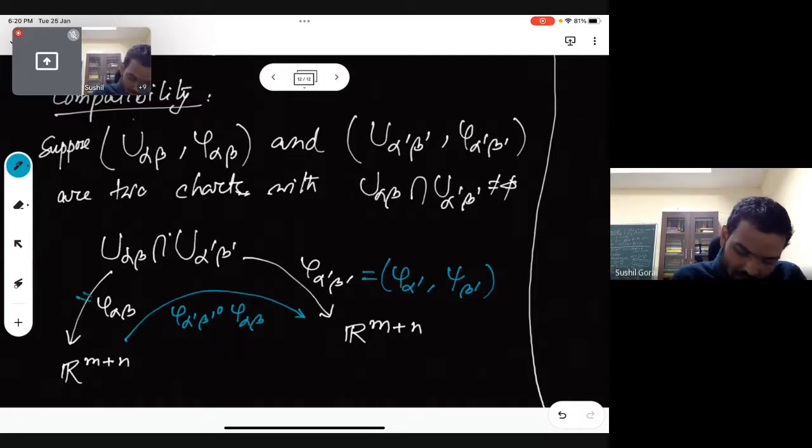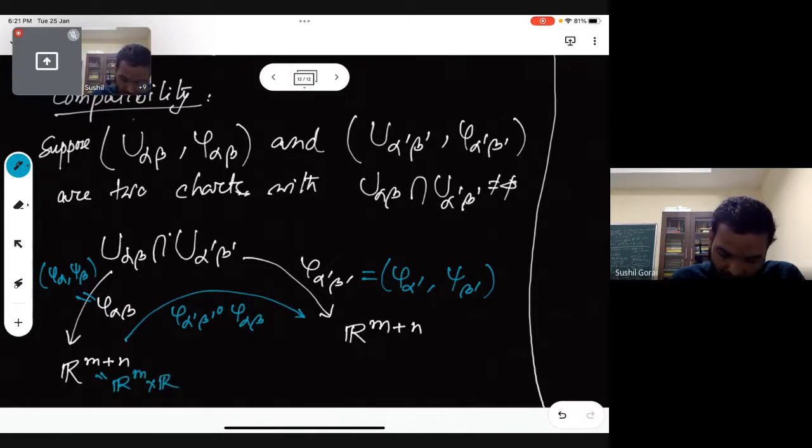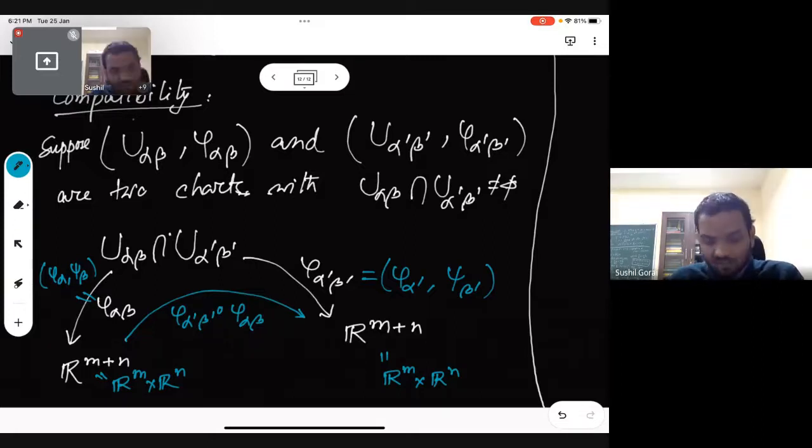And what is this map? Psi alpha, psi beta, right? So here we are looking at this as R^m cross R^n, and this is also R^m cross R^n. Now R^m maps to R^m here, and the part of R^n goes to R^n here, right?